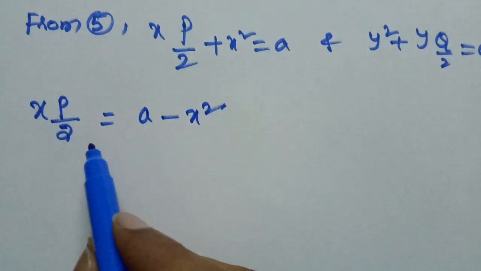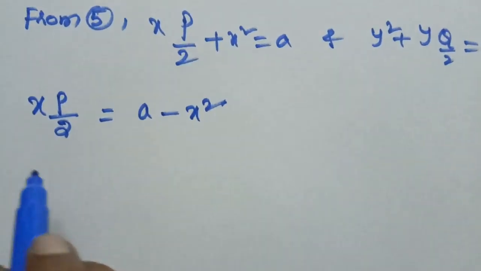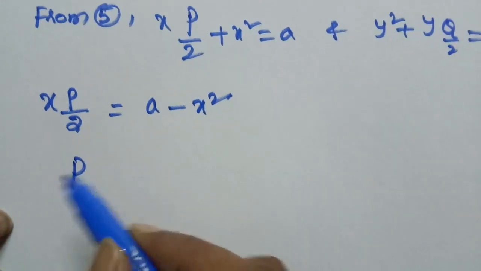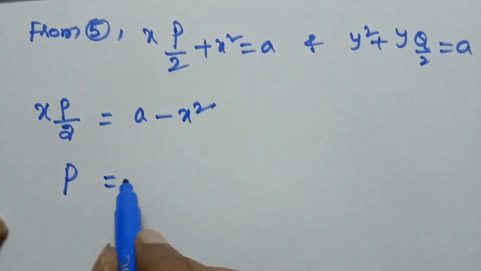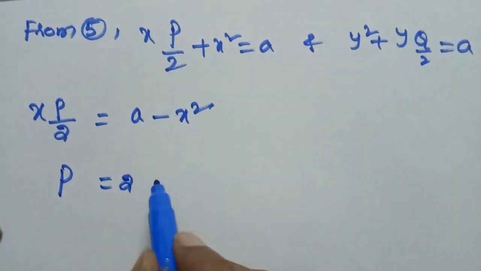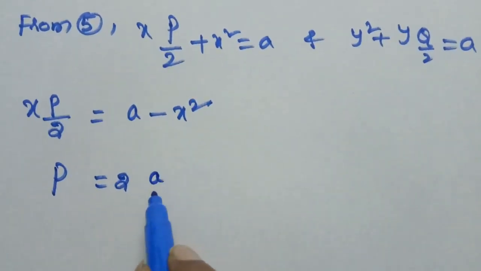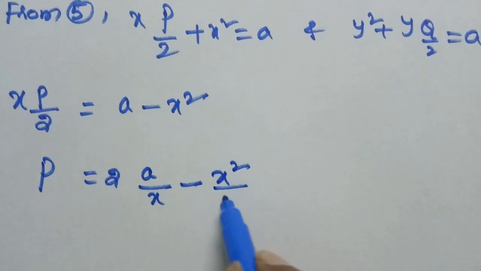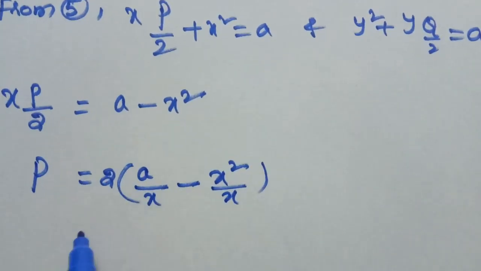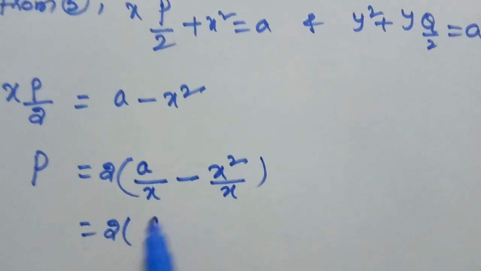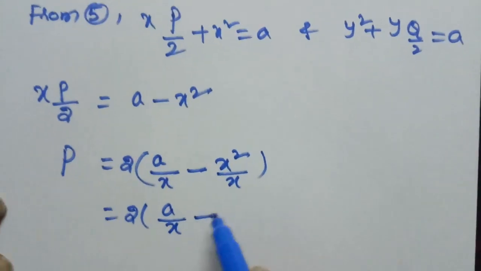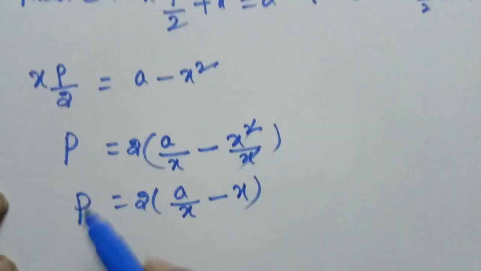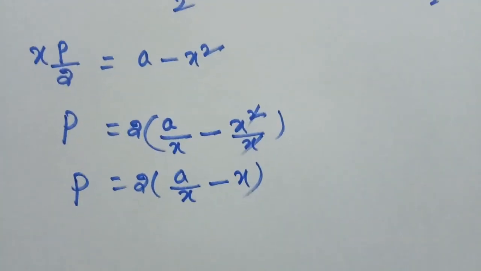Taking x square to the right hand side, it becomes a minus x square. Therefore, by cross multiplication, capital P is equal to 2 into a by x minus x square by x, which is 2 into a by x minus x, cancelling x.